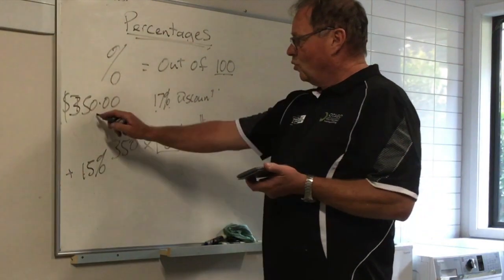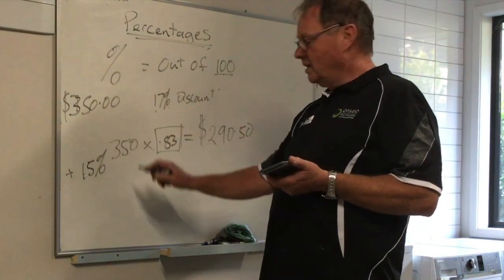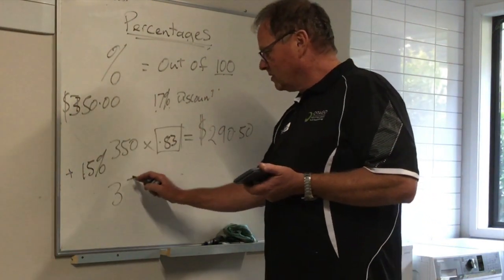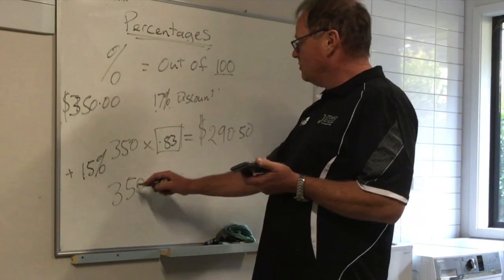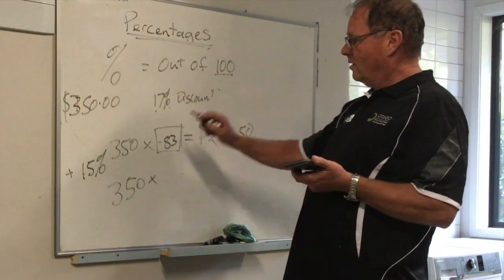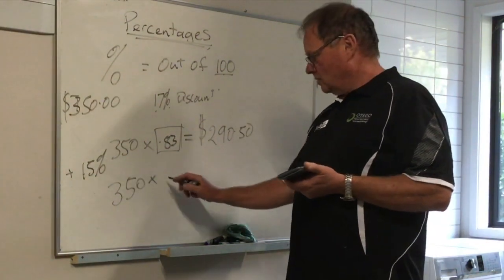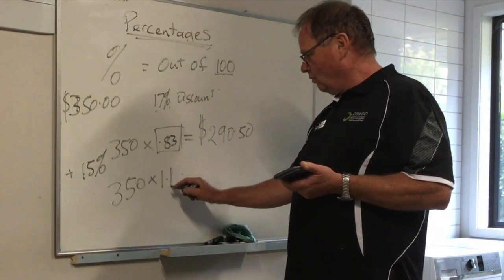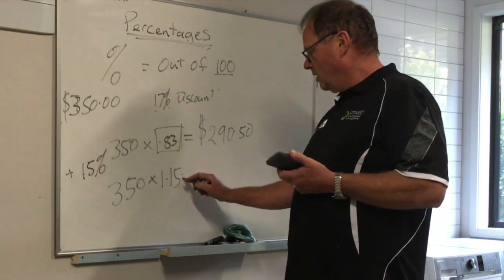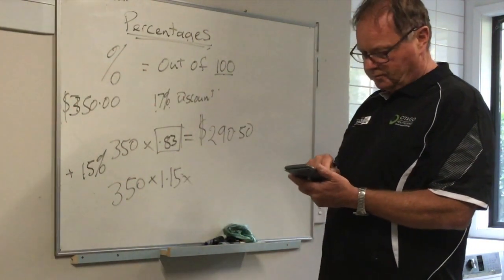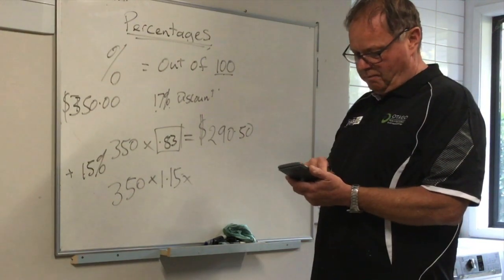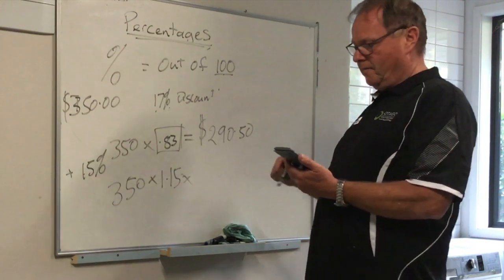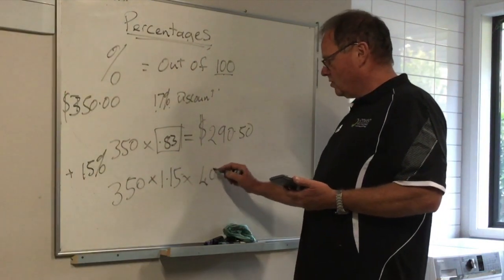So if our saw was excluding GST, then using those same figures, $350 plus GST, we would times that saw by 115. So we'll times it by 1.15. So here's our $350 saw times 1.15, and that's now going to go to $402.